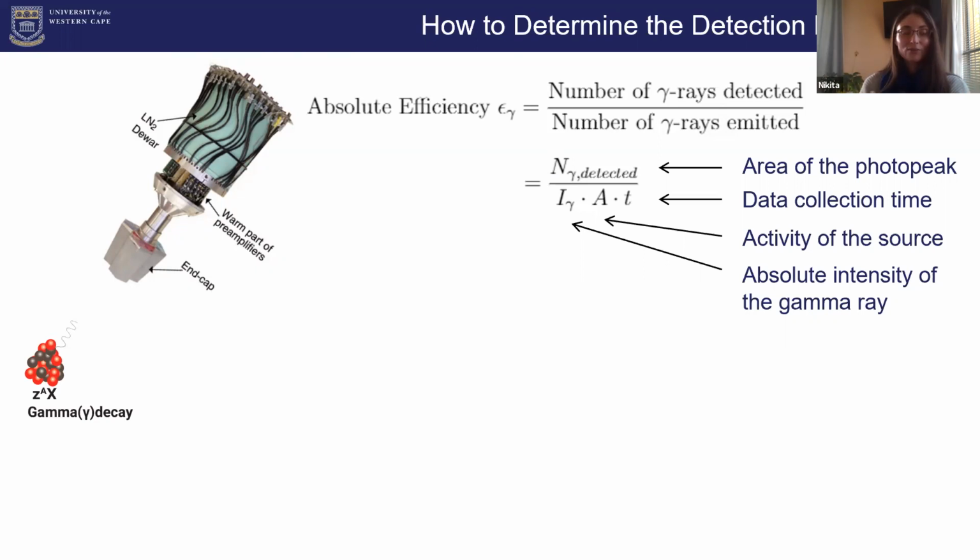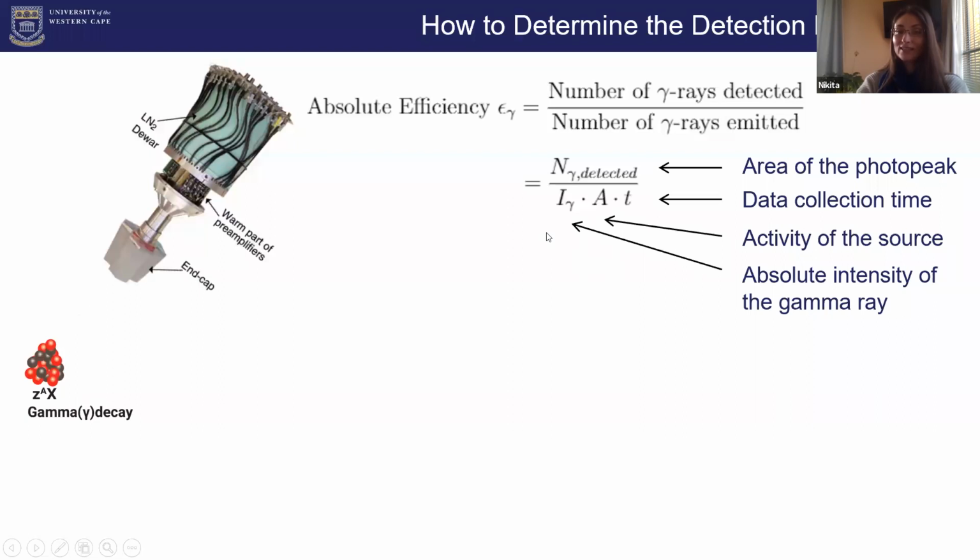So if we have, let's say, 100 decays of our source, of our isotope of interest, how many times is a gamma ray of that energy emitted? So for radiation sources, those numbers are very well known and are in databases. And I will show you next how to find the information from those databases, because that is the information that we need to calculate our ratio for the efficiency.